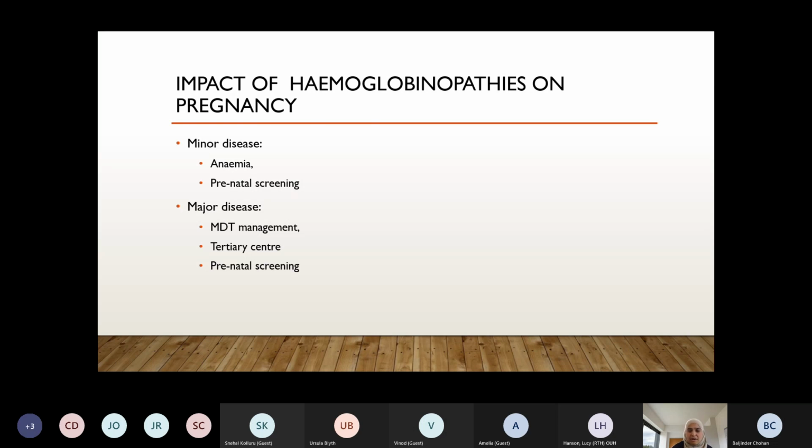So it's quite complex if they reach reproductive age and manage to get pregnant. So it has to be quite wide MDT management. There is an RCOG guideline on beta thalassemia major. If you want to read in detail or look for references, there is some data, but that was published in 2014 and has not been updated.